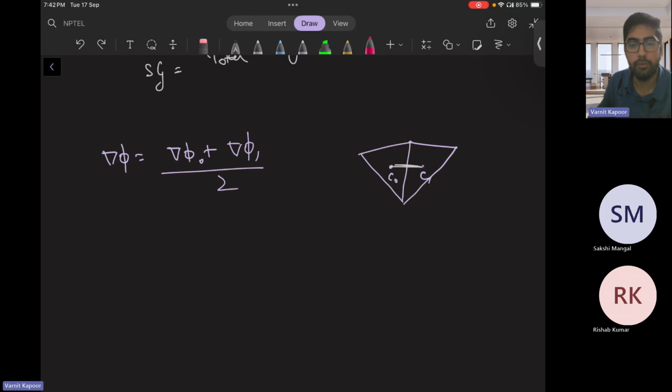Wherever I go inside a cell, it will have the same value corresponding to that cell. If it is not constant, then of course you have to take some linearly independent values. Another question was that the concept of calculating the gradient of phi came from the motivation of calculating the secondary gradients only.